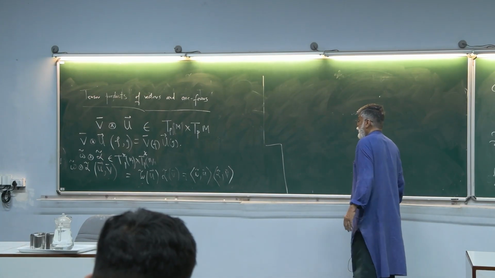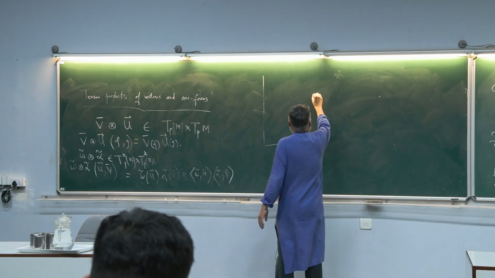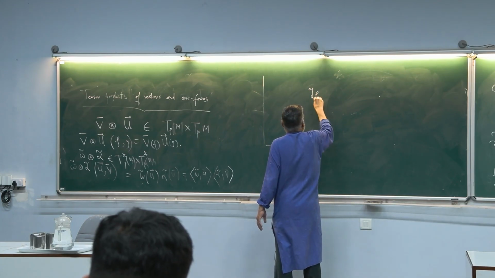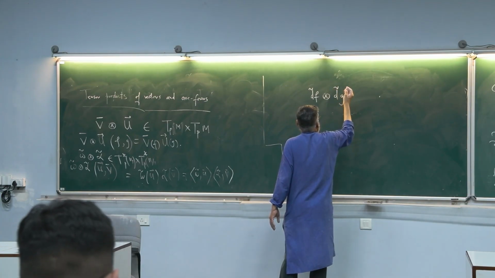Yeah, so in particular, let's consider the tensor product of, let's say, df and dg, and ask what does it do.